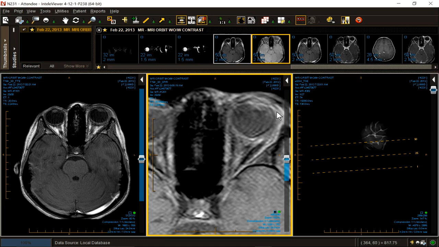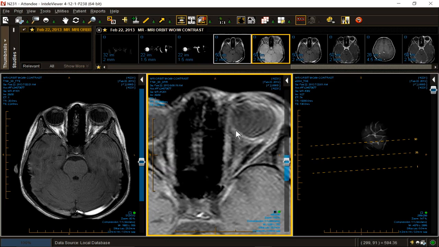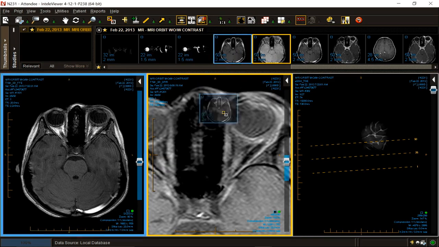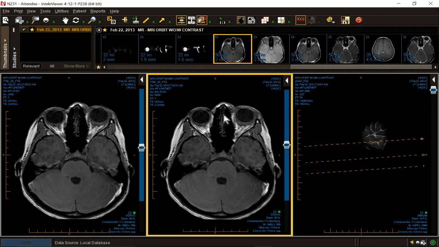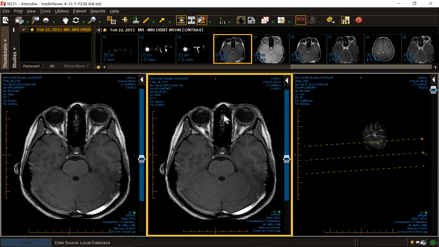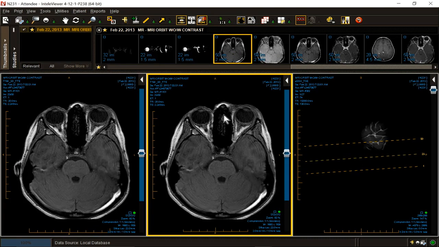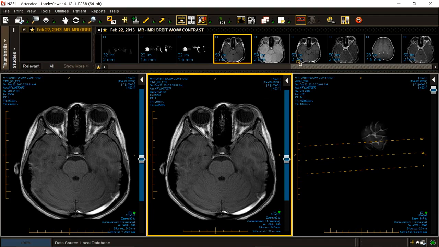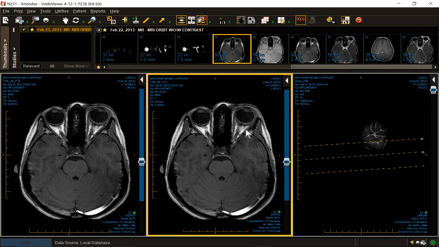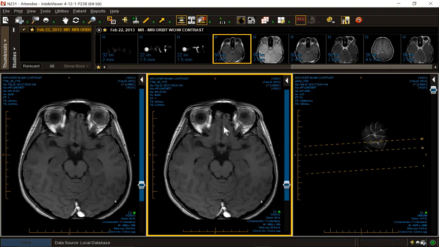But there's clearly involvement behind the septum. The entire globe, the choroid, the sclera, perhaps even the retinal layer, although they're difficult to discriminate without unilateral orbital coil imaging, but at least the sclera and the choroid are diffusely thickened on the left and slightly thickened on the right.